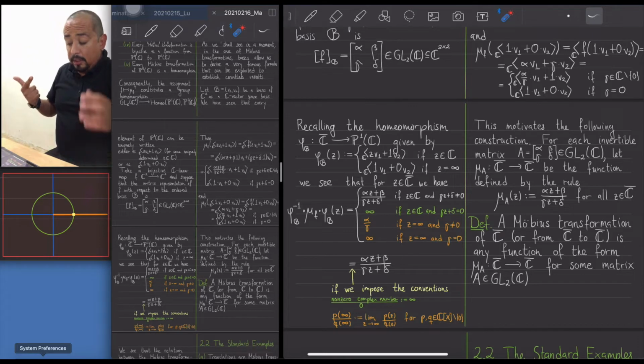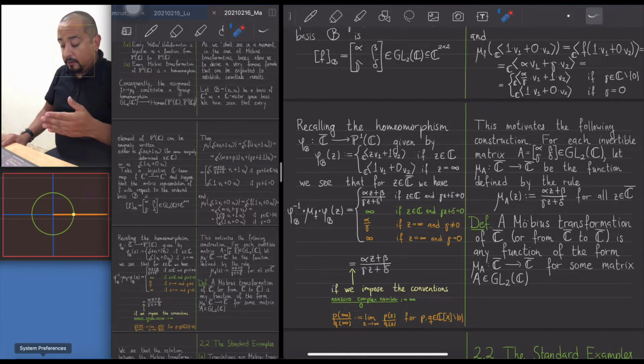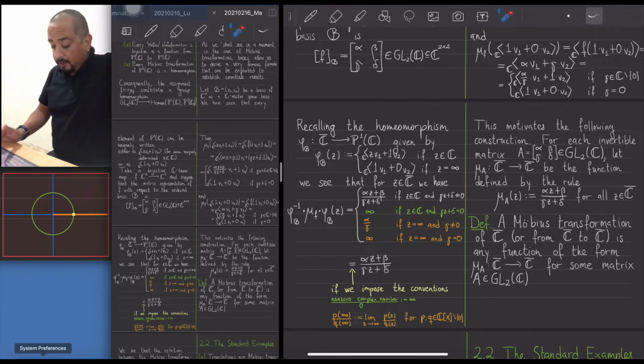While we defined the Möbius transformations of P1 in terms of linear maps, as associated to bijective linear maps, what we're going to do is define the notion of Möbius transformation of C bar as associated to invertible matrices directly, without necessarily passing through linear maps.